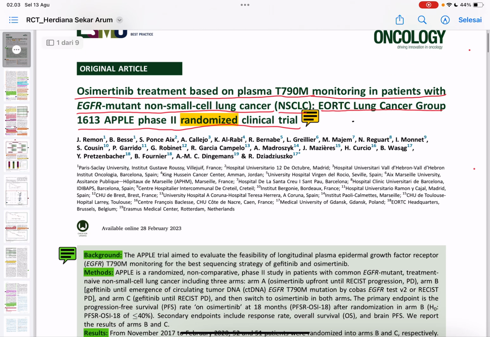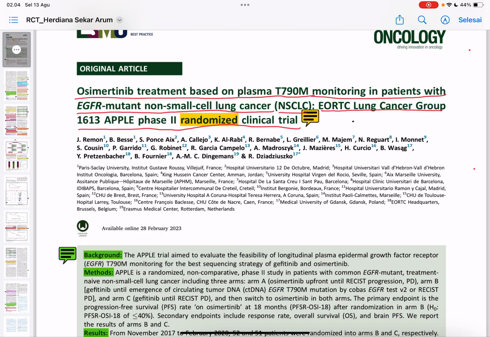First, I'm going to find the items of the CONSORT checklist for the introduction in the article. After that, I'm going to find the items of the CONSORT checklist for methods, followed by results in this RCT article. Then I'm going to find the items of the CONSORT checklist in the discussion. Finally, I will summarize the presentation.